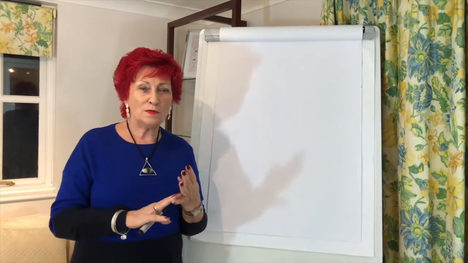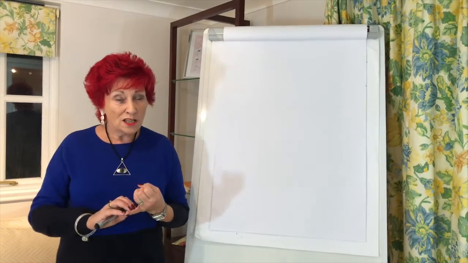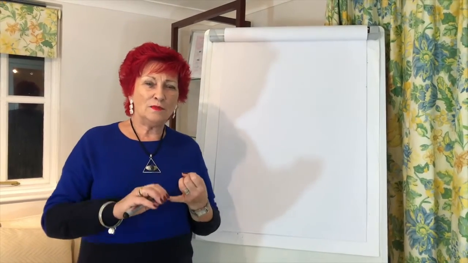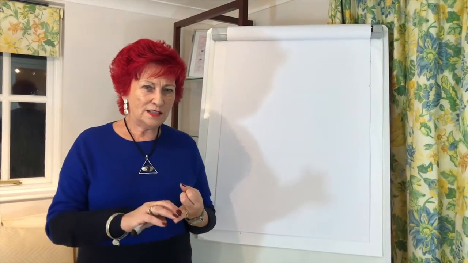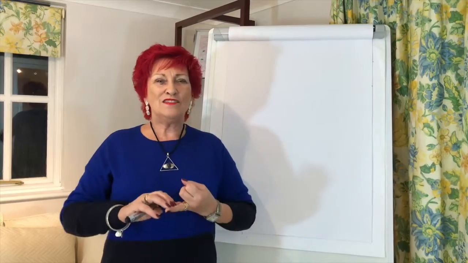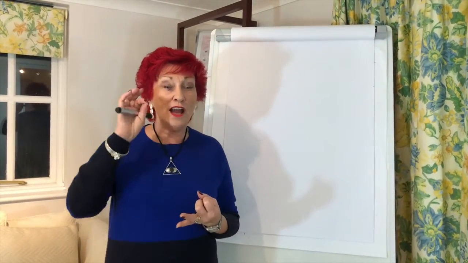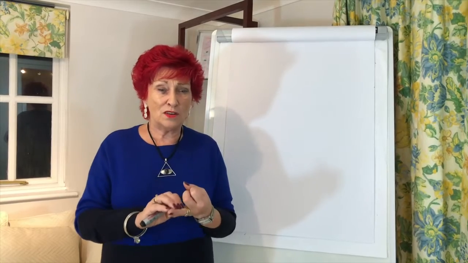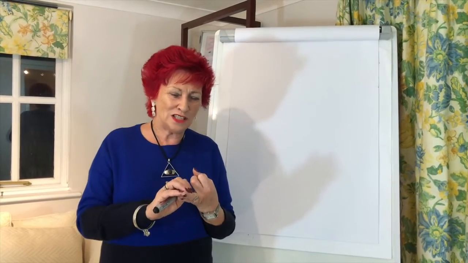The 4 symbols I'm going to show you are the symbol that we use for protection, which is to seal your energy and the person you're helping. There's the symbol for invoking and channeling the healing energies, which are the highest vibrational energies of our universe: love, unconditional love and compassion.